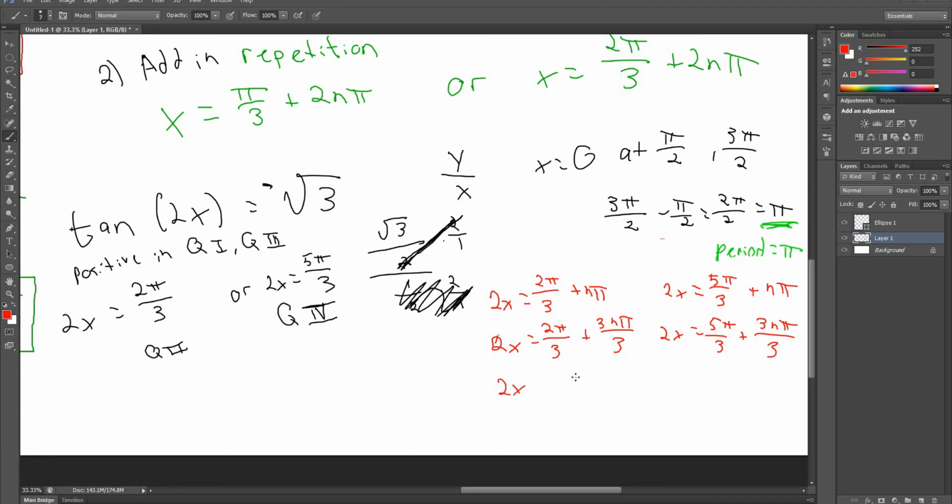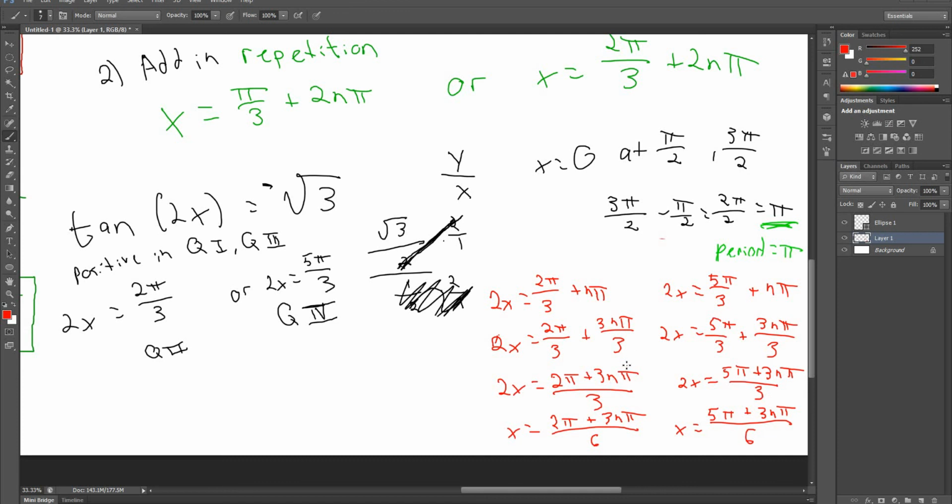So we have 2x is equal to 2 pi plus 3n pi over 3. 2x is equal to 5 pi plus 3n pi over 3. So x is equal to 2 pi plus 3n pi over 6, or x is equal to 5 pi plus 3n pi over 6.